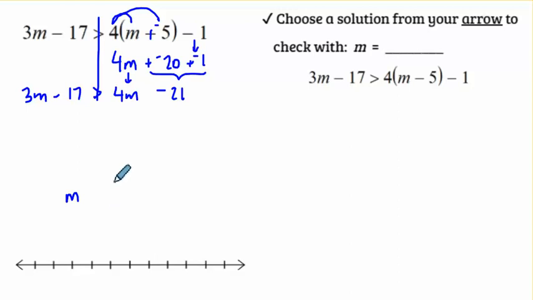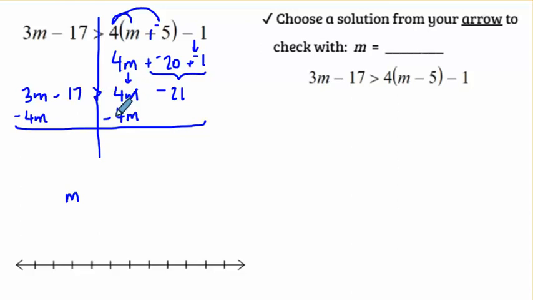So I am going to get all my m's over on the left side, which means that I'm going to need to move this 4m. How do I get rid of the 4m? I take away 4m on both sides. So I do it over here and I do it over here.